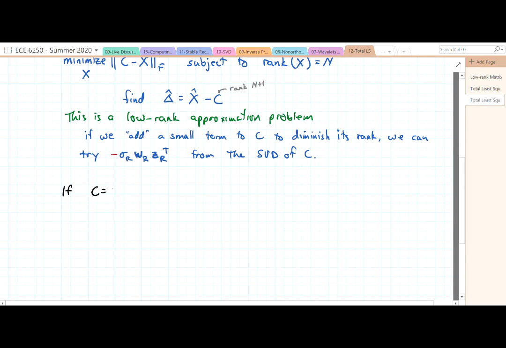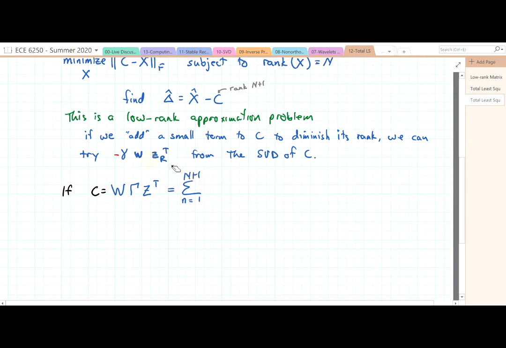So if C is equal to W capital gamma, in which case we should probably change this to little gamma, Z transpose, which is equal to the sum n equals 1 to n+1.